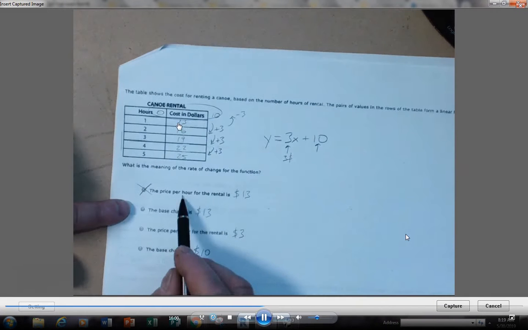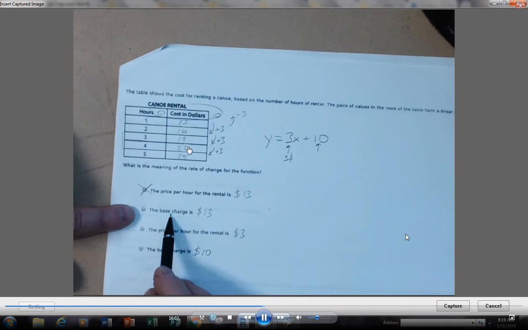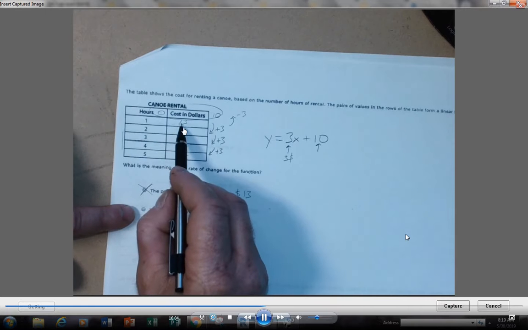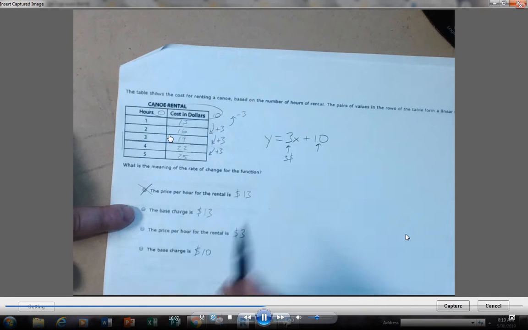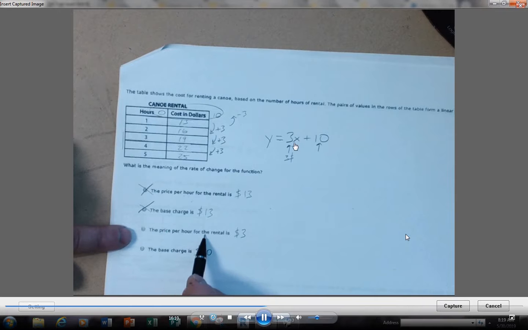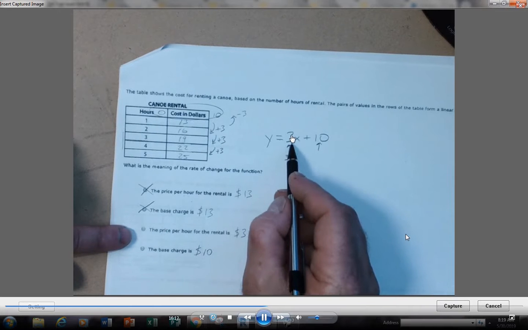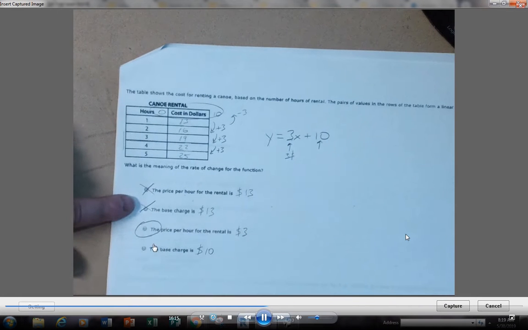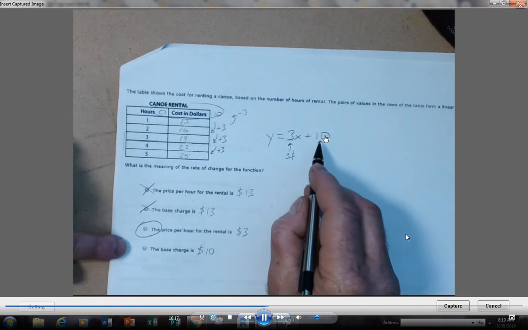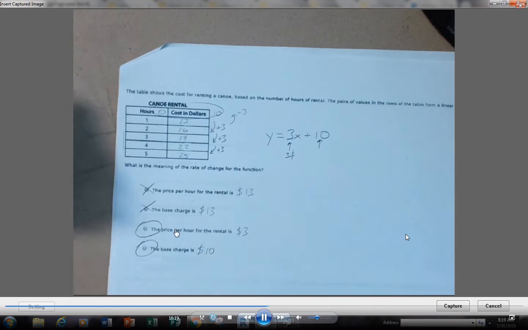Nope, it's not $13 for every 1 hour. Base charge, 13 again, they're going to try to bait you into choosing that. Nope. The price per hour, $3 in front of x. Yes, that one is true. And then you can see base charge 10. That is also true.